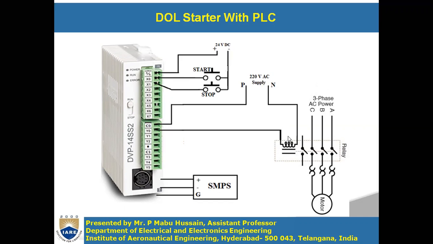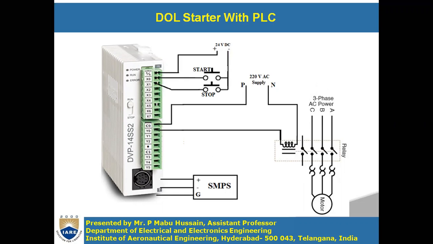Whenever you give the 220 volts AC to this coil, all the 4 poles will be closed. So this coil is the output, and this will be connected to your PLC Y0. C0 will be connected to phase, and N will be connected to one end of the coil, and the other end of the coil to Y0. So this is the circuit diagram for the DOL starter using PLC.